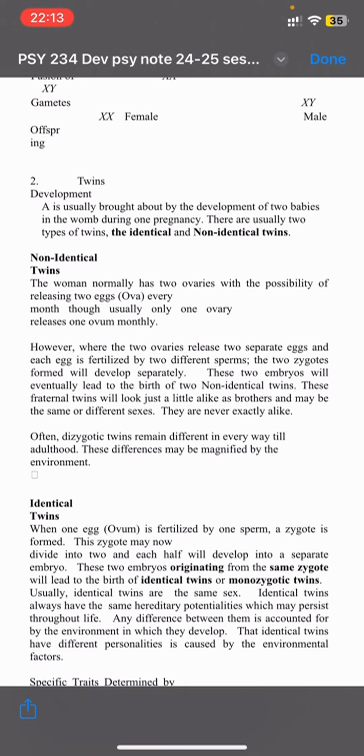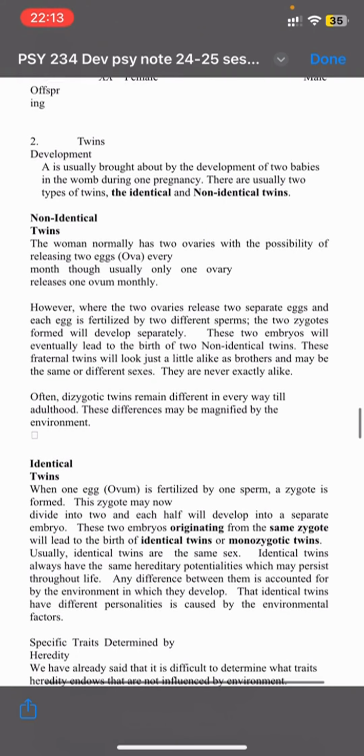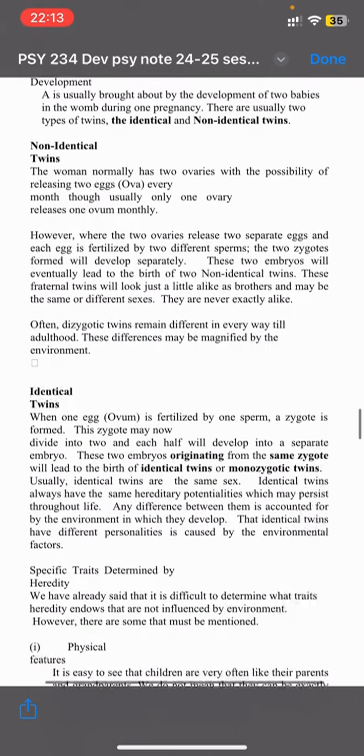So that means in this case, the woman released two eggs, and the two eggs were fertilized by two different sperm cells. Those two embryos will eventually lead to the birth of two non-identical twins. Now, these fraternal twins will look just a little alike, and they may be of different sexes. Often, dizygotic twins, another name for non-identical twins, remain different in every way till adulthood.